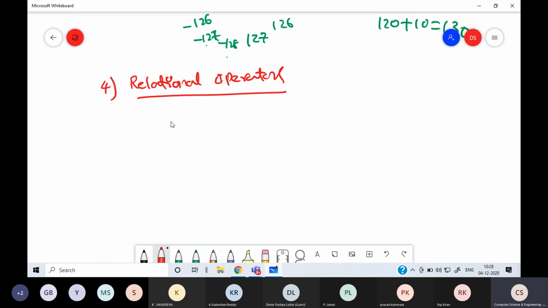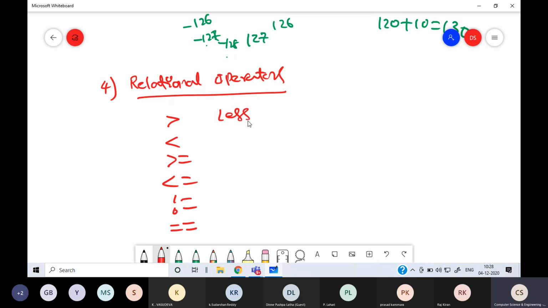The different relational operators are like all what we use in our day-to-day life: greater than, less than, greater than or equals to, less than or equals to. And not equals to, we have to use like this: exclamation equals to. And if I want to check whether two are equal or not, I have to use double equals to.